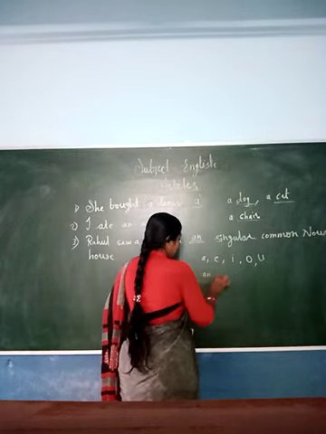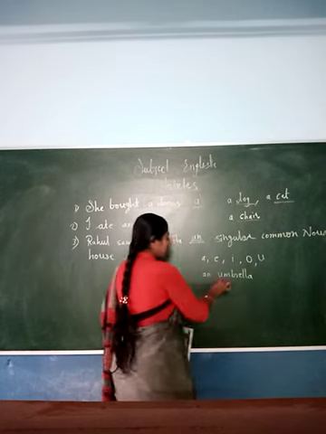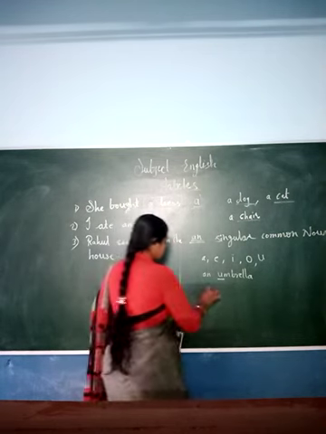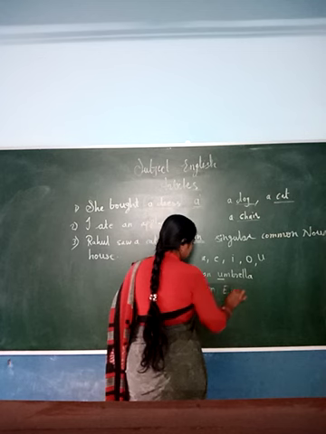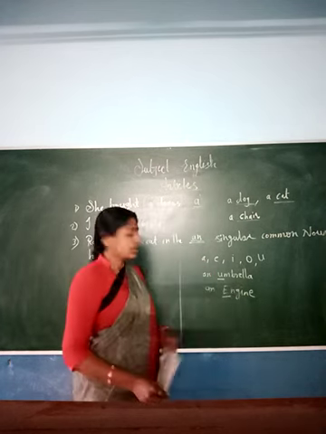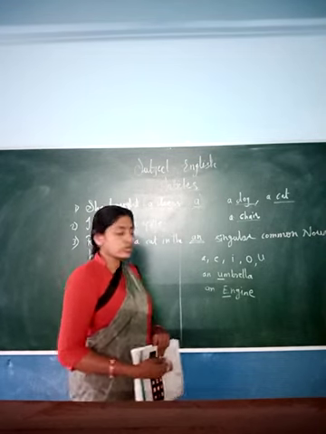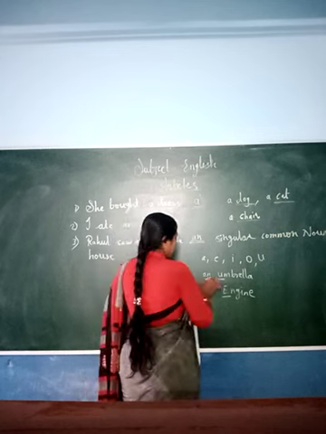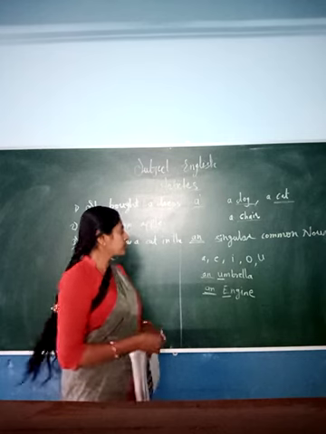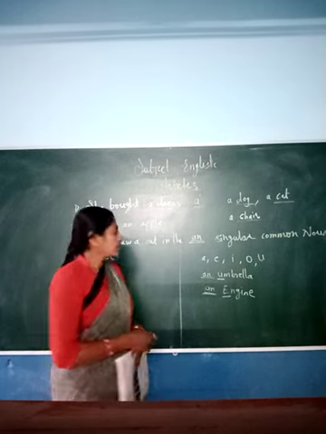For example, an umbrella. Here, the vowel sound is pronounced. Next, an engine. Here, E sound pronounced. An engine, an umbrella. Which sound is pronounced here? Vowel sound pronounced. So we have to use an, this article, before the vowel sound, before the singular common noun. Hope you have understood.